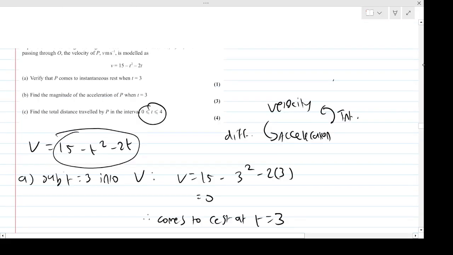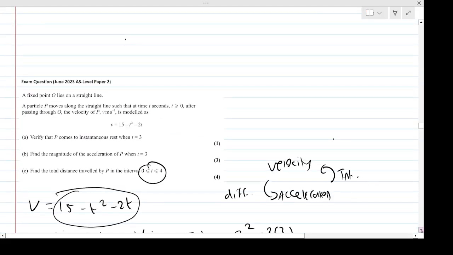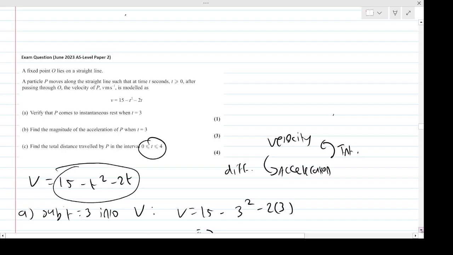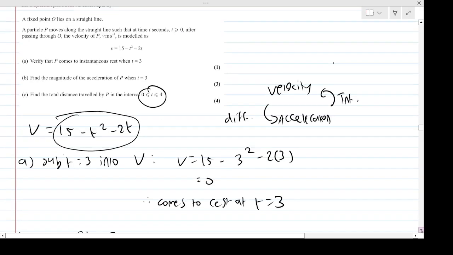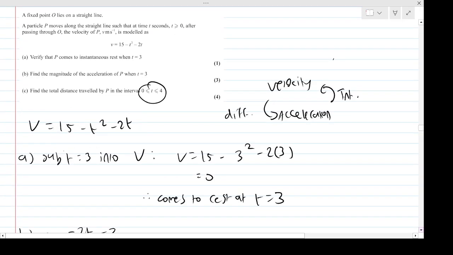Now remember, it will only turn negative here, at least with these sort of functions, when v is 0. So when it crosses the axis at v equals 0. So if we just solve v equals 0, that means 15 take away t squared, take away 2t equals 0. Now in part A, we know that t is 3 is one of the solutions, but I'm not going to write down the formula, I'm just going to solve it on the calculator.